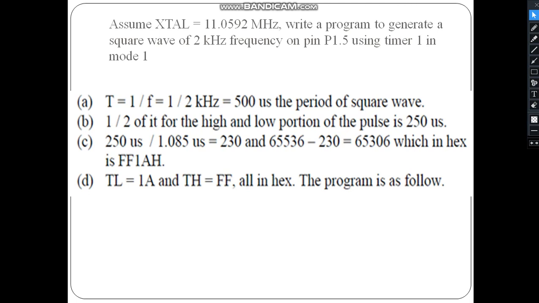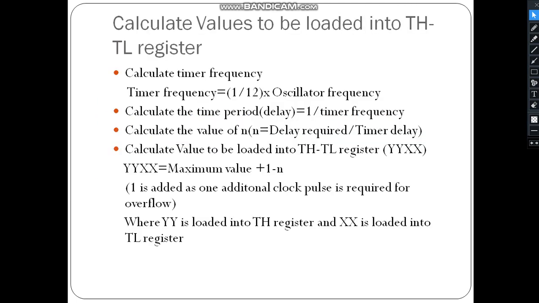Let us recall the concepts, how to calculate the value that has to be loaded into the timer. Mode 1 operation means it acts as a 16-bit timer. Given the oscillator frequency, first we have to calculate the timer frequency. The timer frequency is 1/12 of the oscillator frequency.